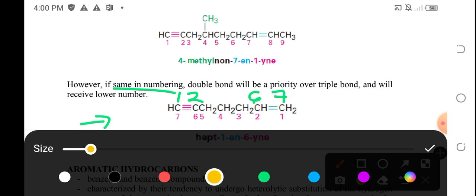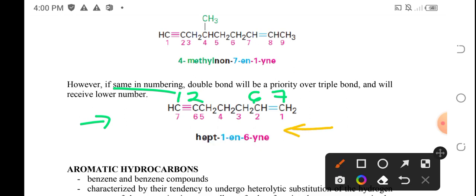Pero kapag right to left, of course, 1 ang double bond and 6 ang triple bond. Okay. Kapag ganito daw na equidistant, left to right, right to left, parehas lang din magkakaroon. Tapos wala siyang substituent. Okay?